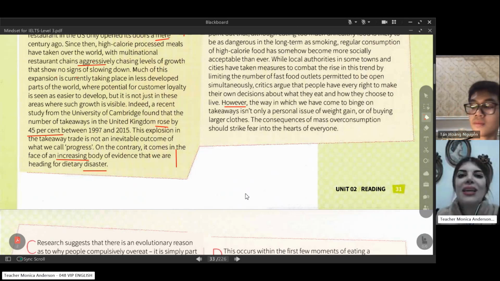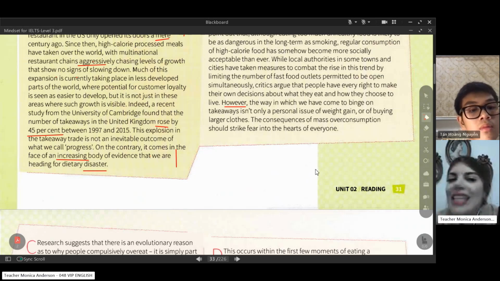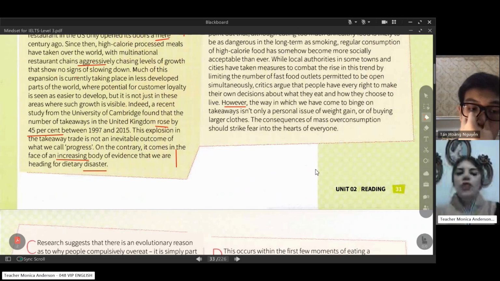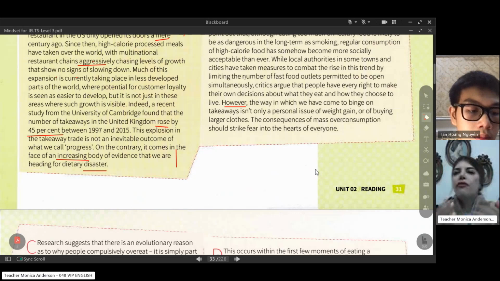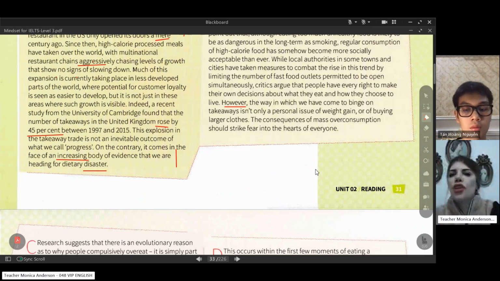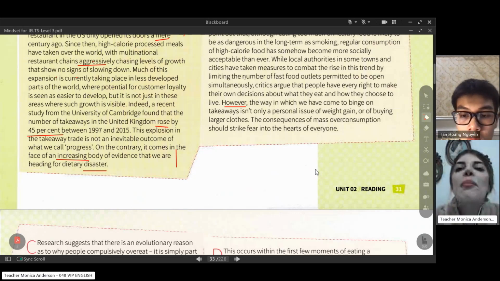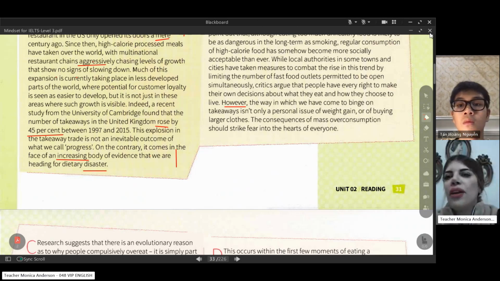Here, percent can be considered as an adverb, so you don't need to make it plural. When we say 45%, 45 out of 100, you can consider percent as an adverb. Let me give you another example.